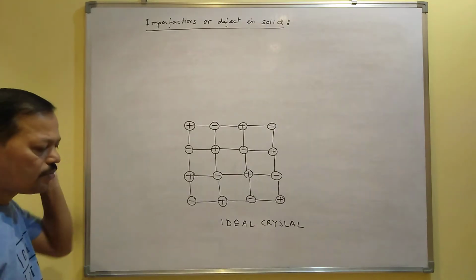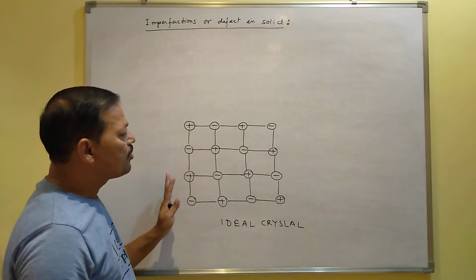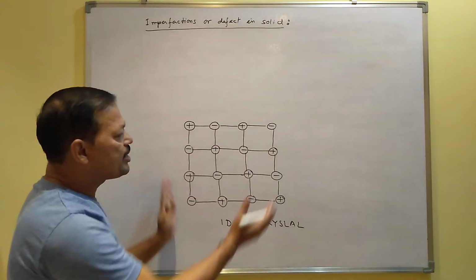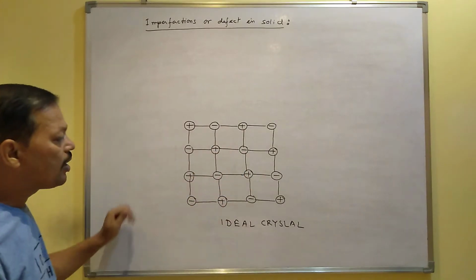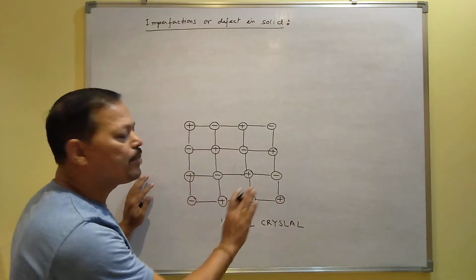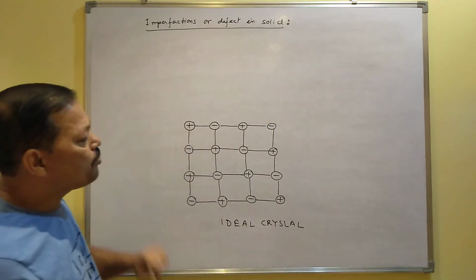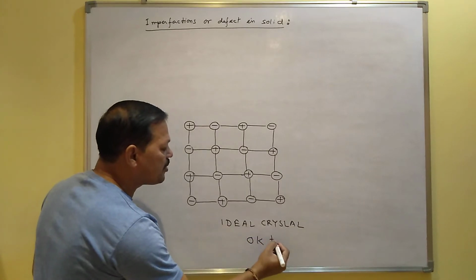Now, an ionic crystal which has the same unit cell containing the same lattice point is called an ideal crystal. I mean, in this type of crystal there is no defect. But this type of crystal exists only at 0 Kelvin temperature.